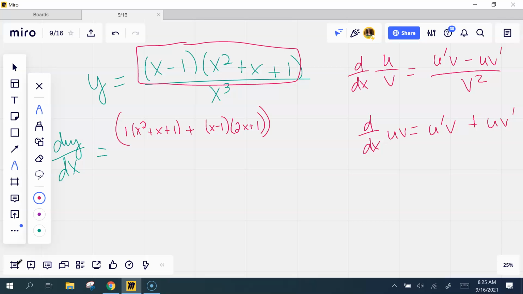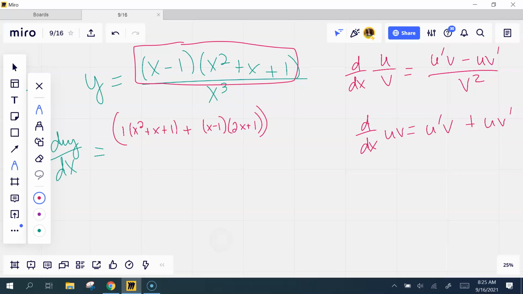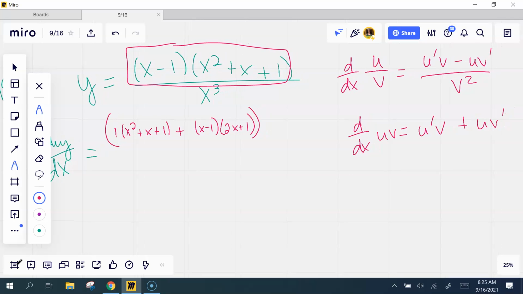This is called the product rule, correct? All right, this is the product rule of that. So that is derivative of the top times the bottom.